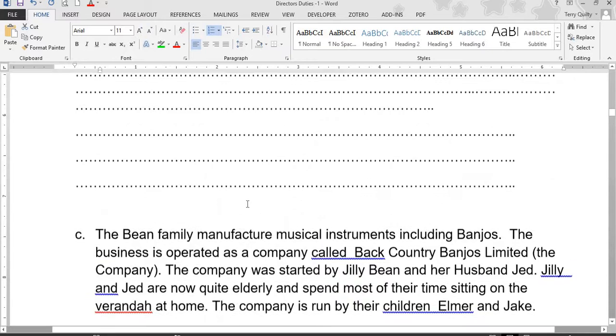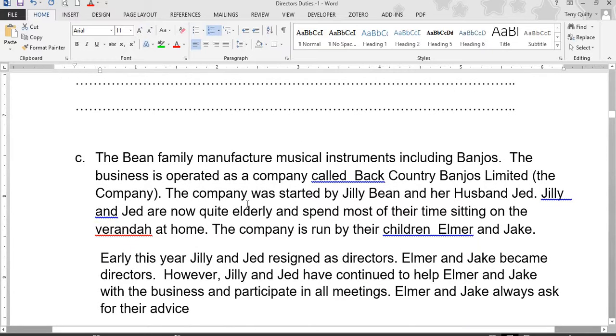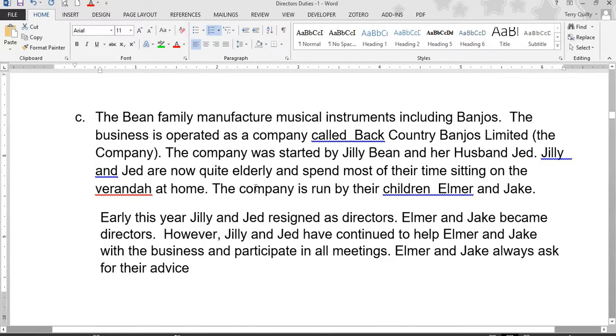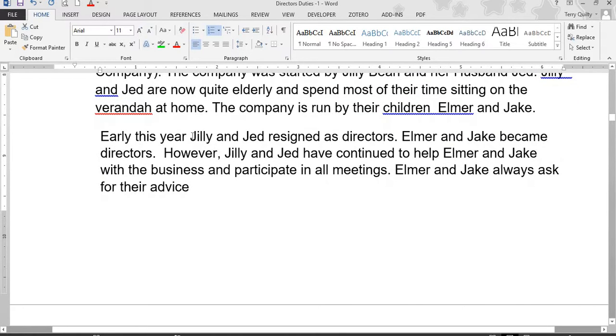Now, in this third section here, the Bean family manufacture musical instruments, and the company is started by Jelly Bean and her husband Jed, and they're elderly and spend most of the time at the veranda home, and the company is run by the children. So they resigned as directors, and Elmer and Jake become directors.